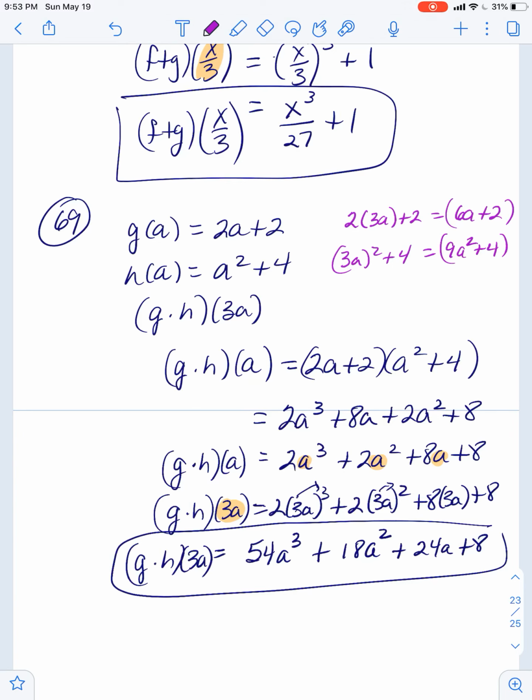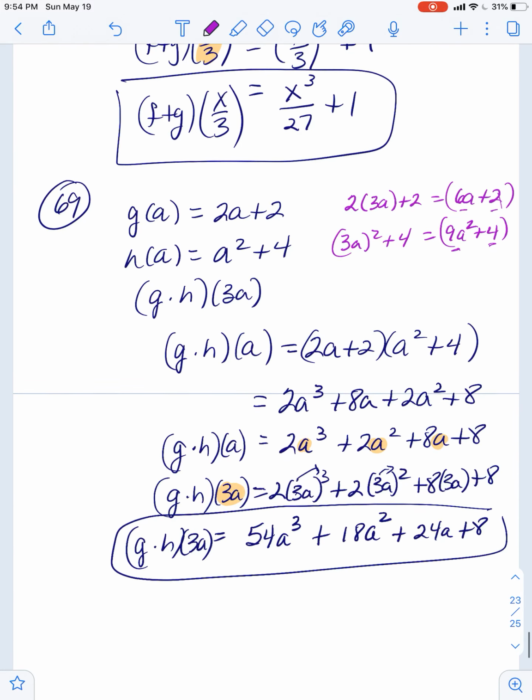And if you see, when you do first, you're going to get 9a squared and 6a, that's 54a cubed. First, I've got these lined up wrong. And then your outside, or these two, that's your 18a squared. Your inside, here's your 24a, and your last is your 8. So either way, that one might have been easier, but you could do it either way.